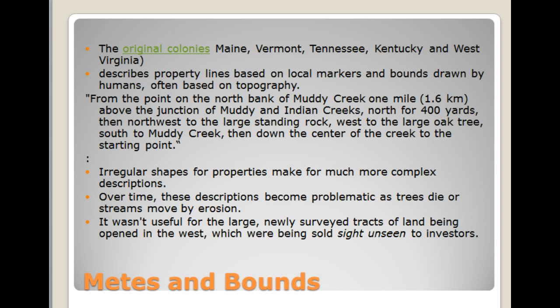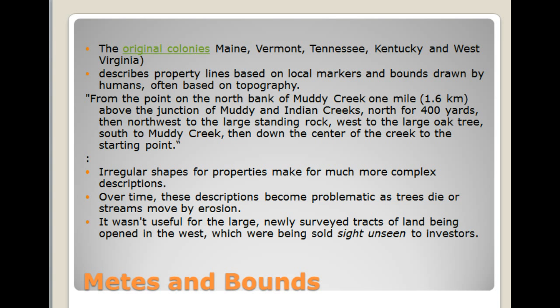So let's talk first about meets and bounds. You're going to see meets and bounds in the 13 original colonies. This was an old system in Europe of dividing up land, and it was a way for people to pick the best pieces of land. They would take those irregular shapes and move from the edge of the creek up to the mountain, over to the big oak tree, and back down to the creek.